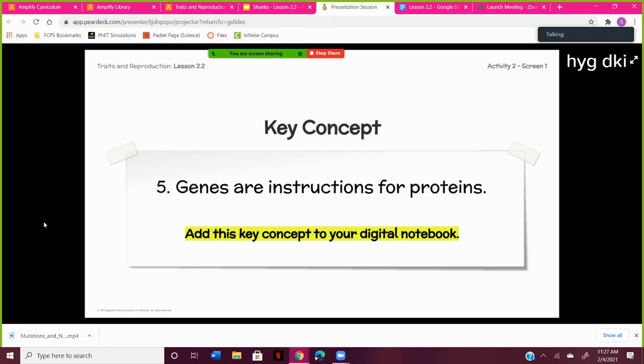Take about 30 seconds. Make sure you get that down into your digital notebook. About 10 more seconds. Genes are instructions for proteins.